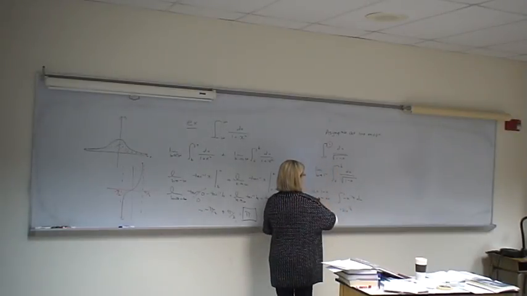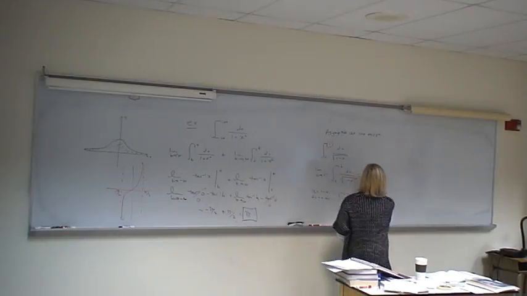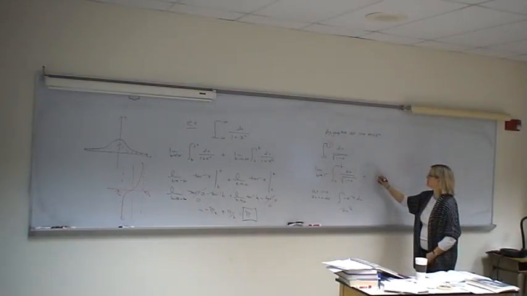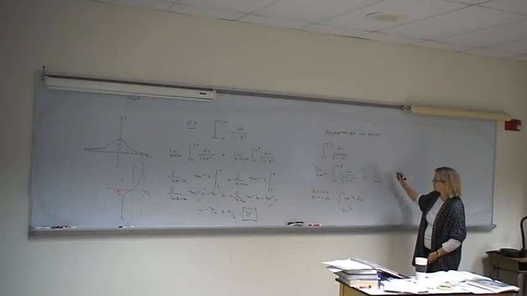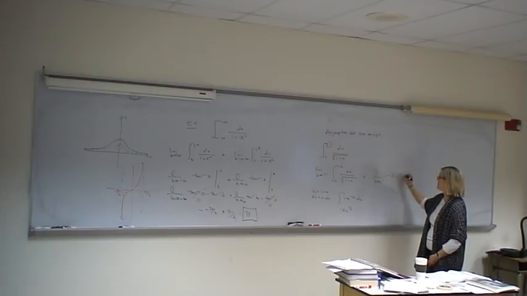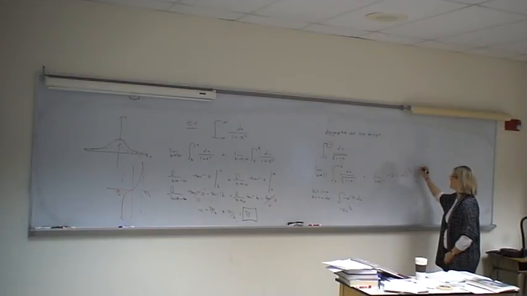So plugging back in our u substitution, this would equal the limit as b goes to 1 from the negative of negative 2 times 1 minus x to the 1/2 evaluated from 0 to b.